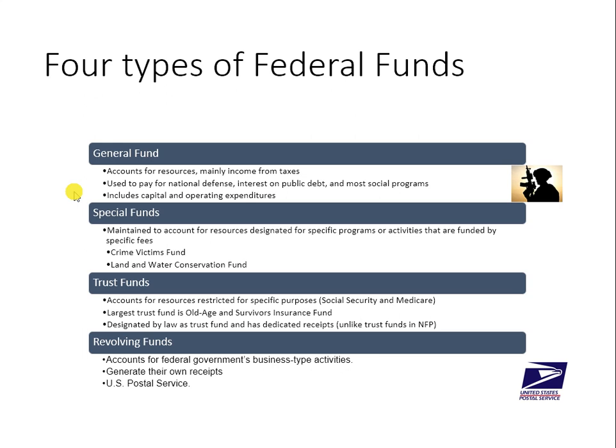It has trust funds. Trust funds account for resources restricted for specific purposes, for example, Social Security and Medicare. They're recorded in trust funds. The largest trust fund is the Old Age and Survivors Insurance Fund, which is part of Social Security. It's designated by law as a trust fund and has dedicated receipts.